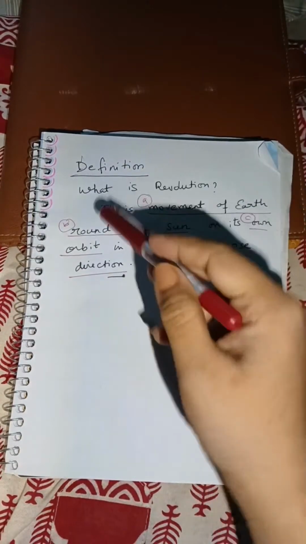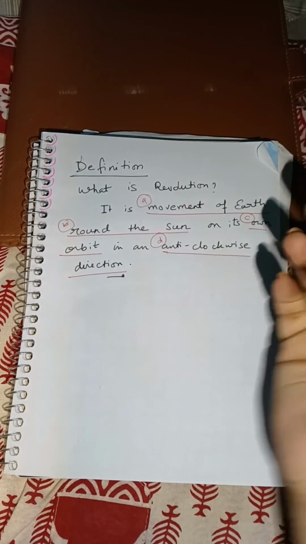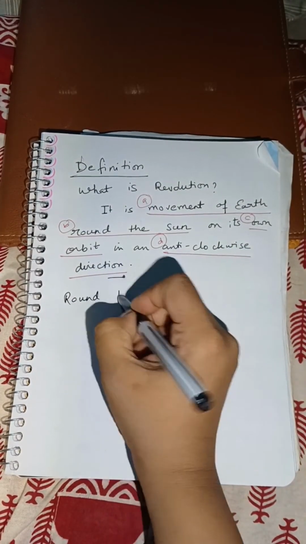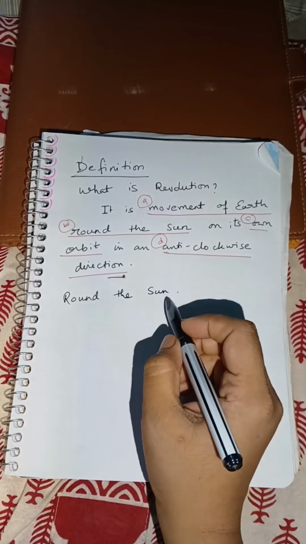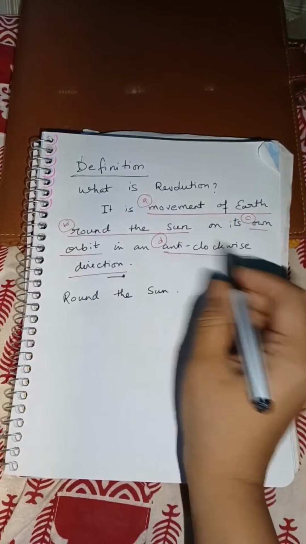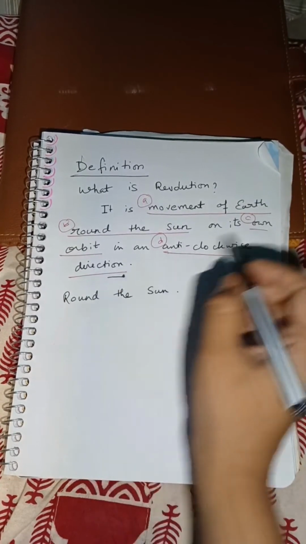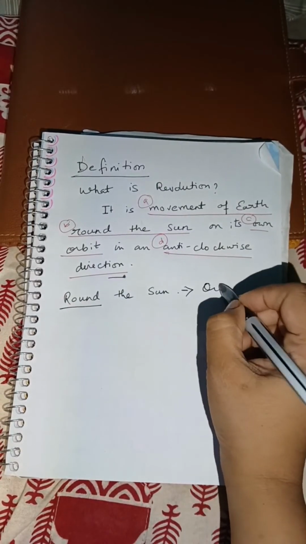So from here we are springing up to some new concepts, that is around the sun. It is moving around the sun in an anti-clockwise direction and on its own orbit, the orbit of the earth.